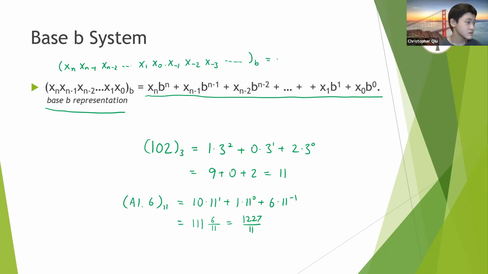This in base B is equal to this thing. But we'll continue on the negative side. So plus x -1 times b to the -1 plus x -2 times b to the -2, and so on. That's a -2.